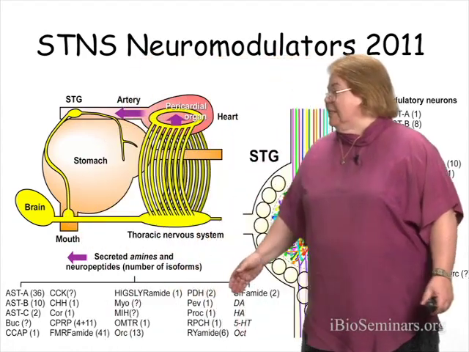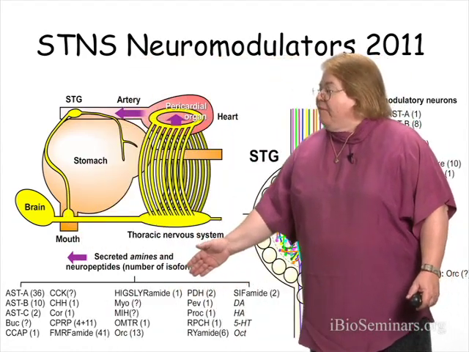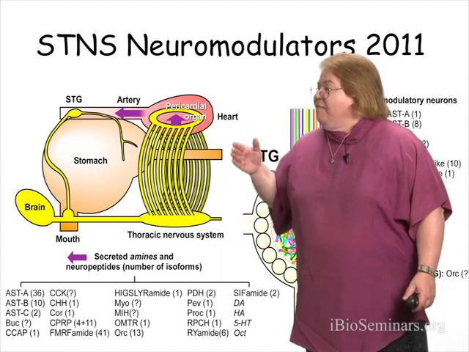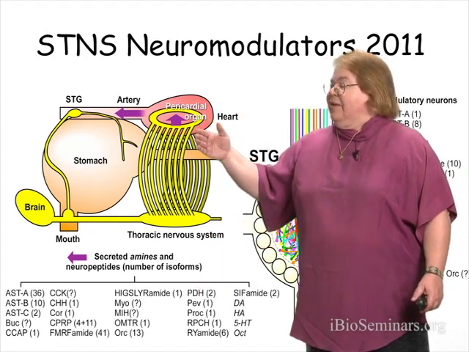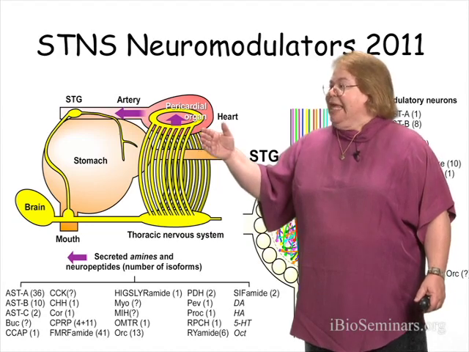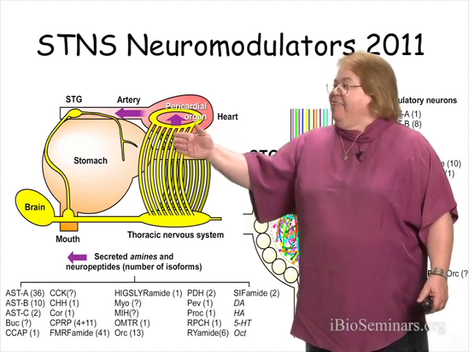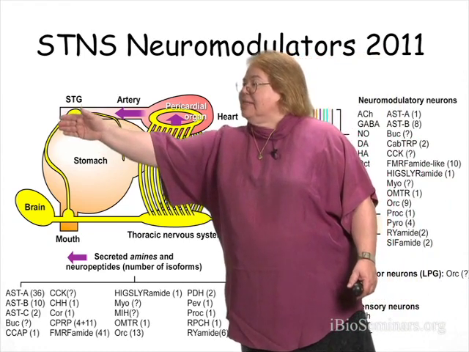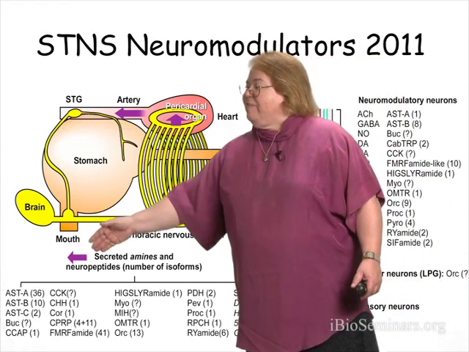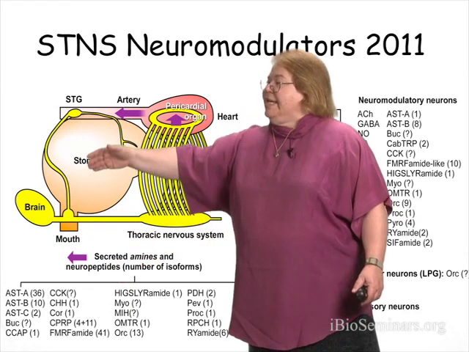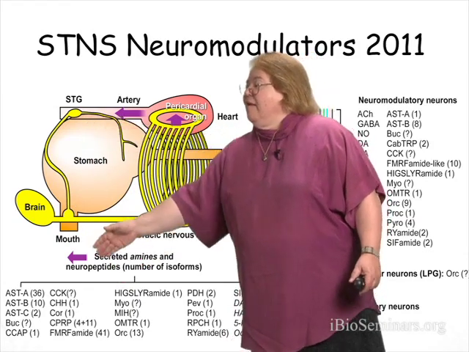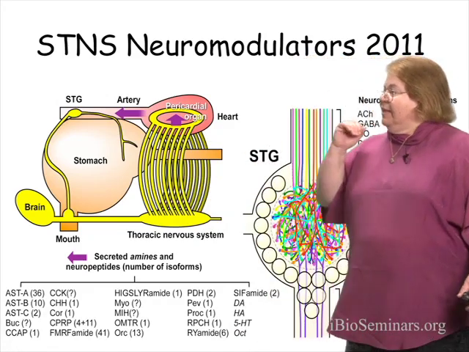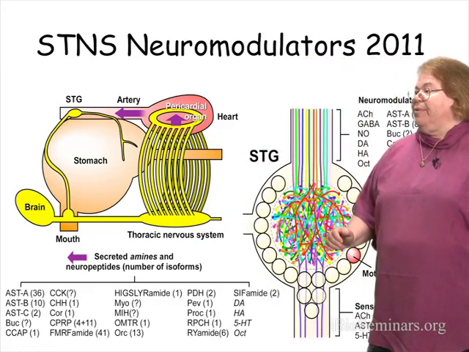Also important is a very large number of neuropeptides that are secreted from the pericardial organ, which is a neurosecretory structure, into the hemolymph, and then the blood carries that to the stomatogastric ganglion. So neuropeptides and other modulators reach the stomatogastric ganglion from the hemolymph and from these descending modulatory inputs.